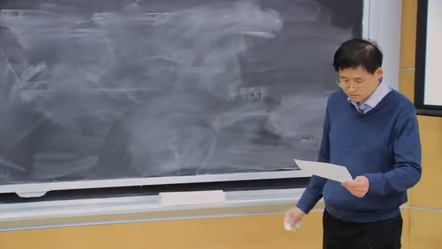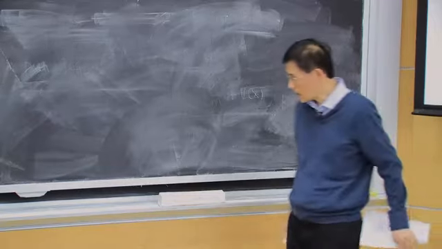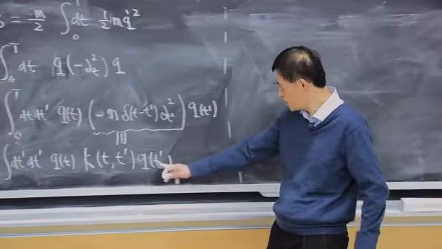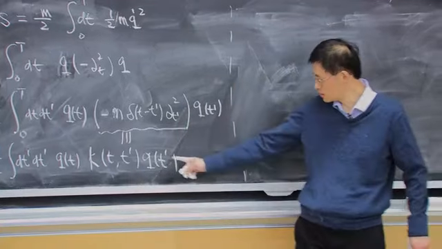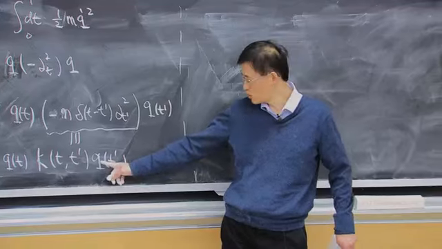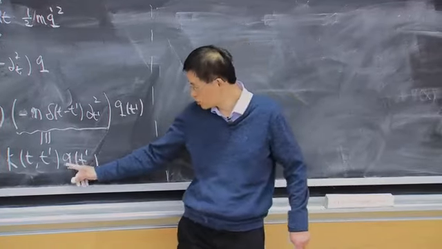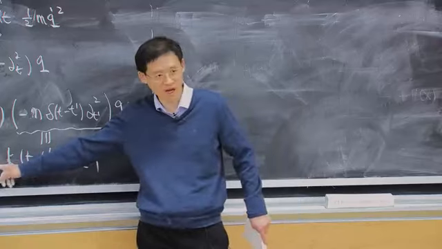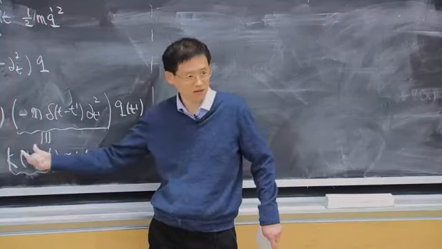So now, I think we have done this before. And now I want you to view this t in q as an index. Imagine this is just a continuous index. Then q is just like a vector. q(t prime) is like a vector, q(t) is like a vector, and this is the same vector. And now this k is just a matrix between the two vectors.